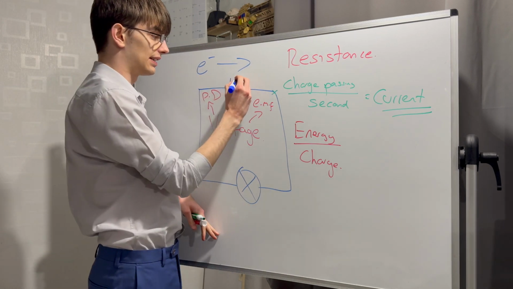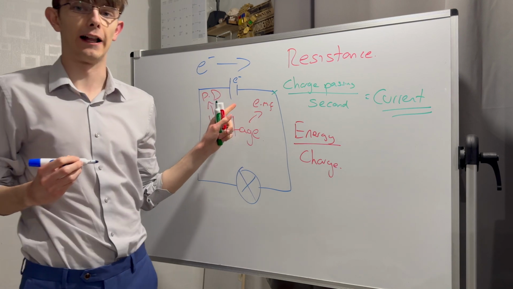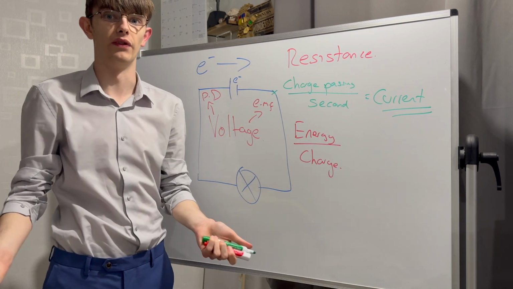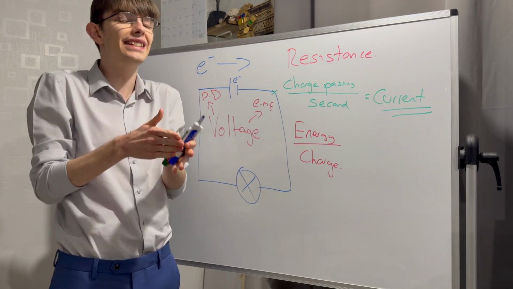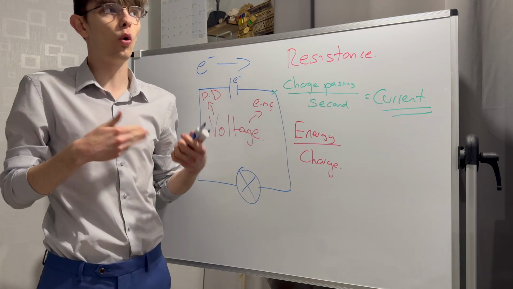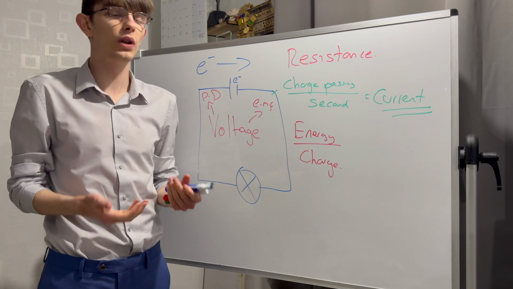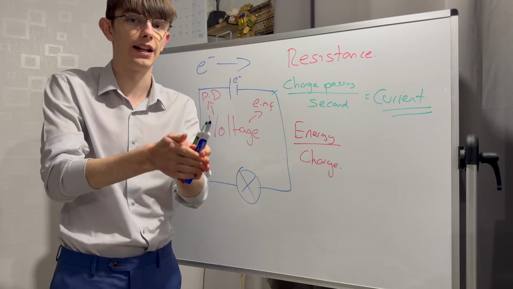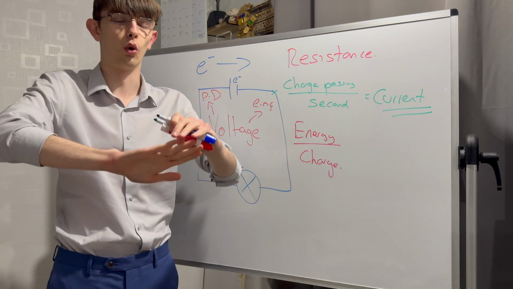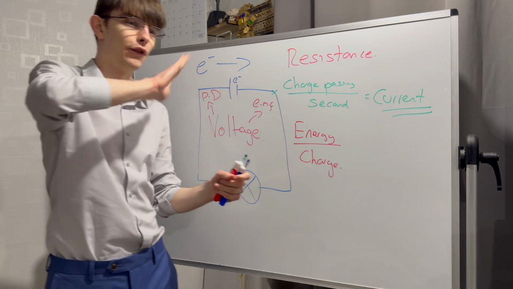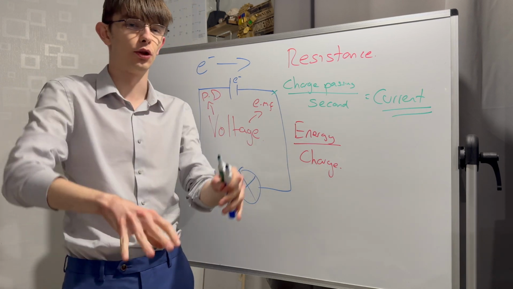When an electron is sat in a battery or in a cell, it's doing nothing, it's not moving. But when we turn on the circuit, we need it to start moving. And in order for something to start moving, we need to push it and give it some energy, which is where this idea that voltage is a force or an energy comes from. People say it's the force to push it or it's the energy to push it.